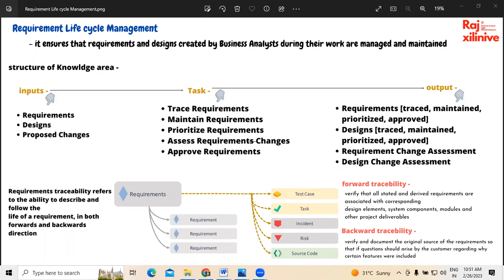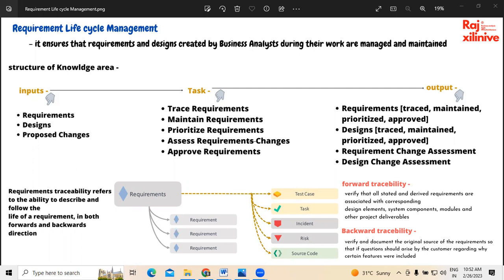So in the solution requirements, we will be writing down the features. These features will be categorized into functional and non-functional. This is the traditional model. This is how it happens. When you compare this with Agile, in Agile we don't have functional and non-functional requirements as separate.